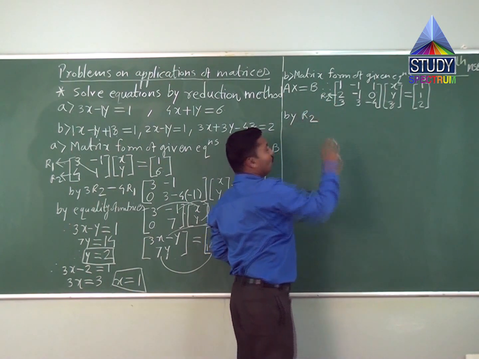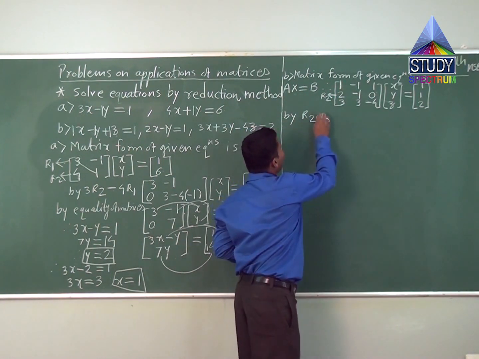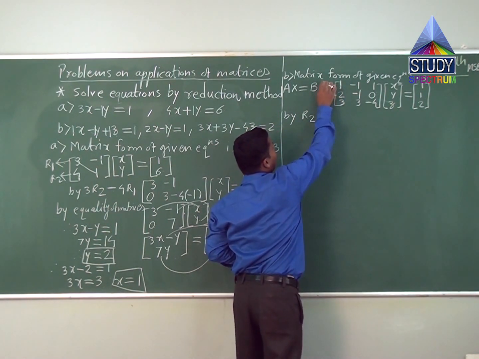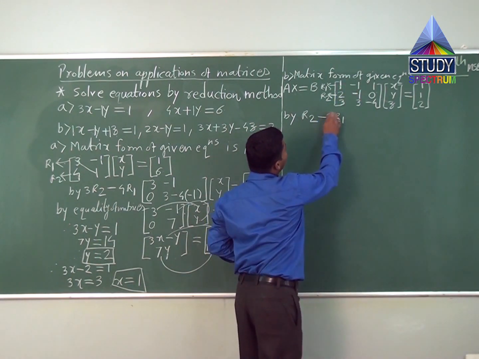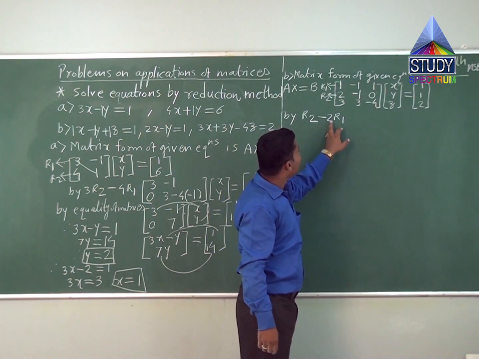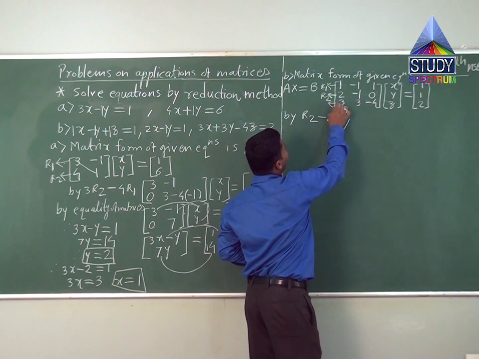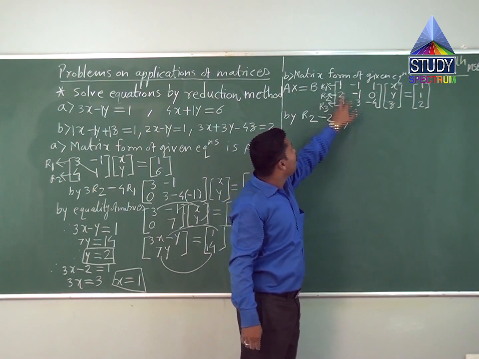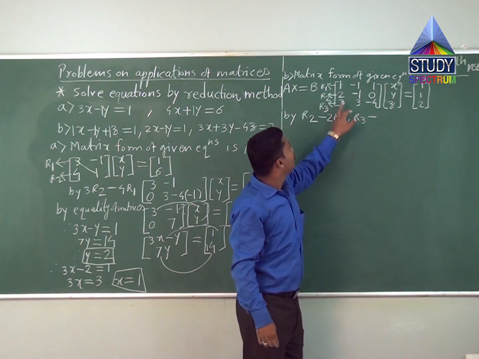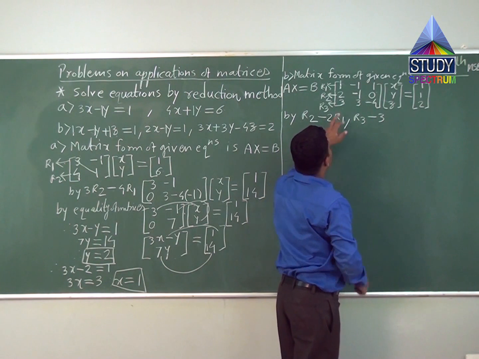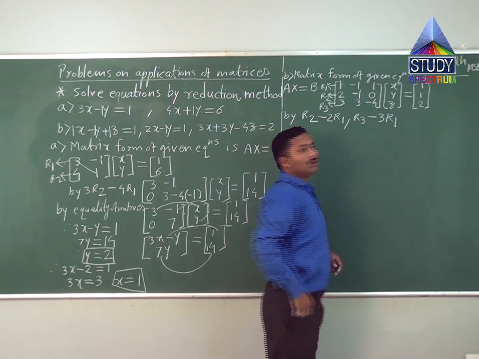So by R2, multiplying this number here gives 2, and 2 - 2 is 0, because -1 is the member of R1. So here it will be R2 - 2R1. Similarly this 3 means R3. So 3 into 1 is 3, and 3 minus 3 is 0. So R3 minus 3 times R1.